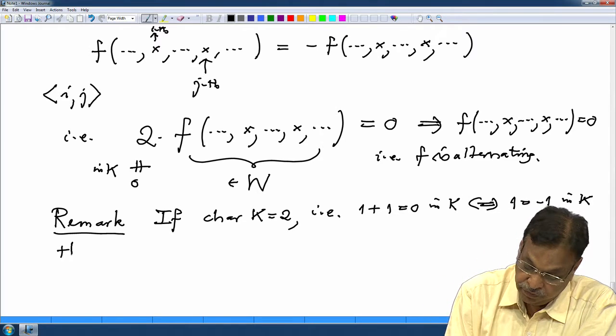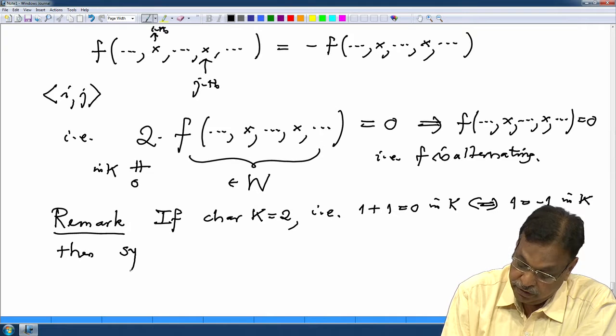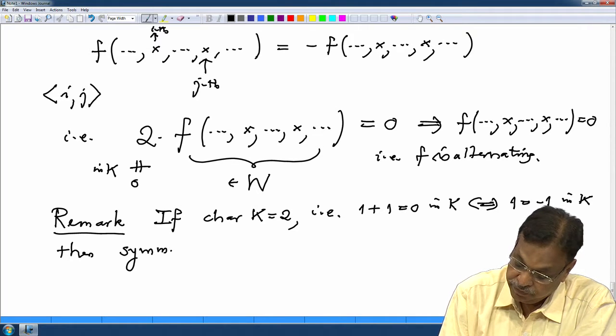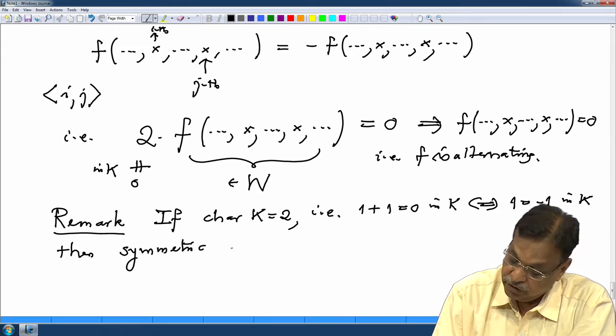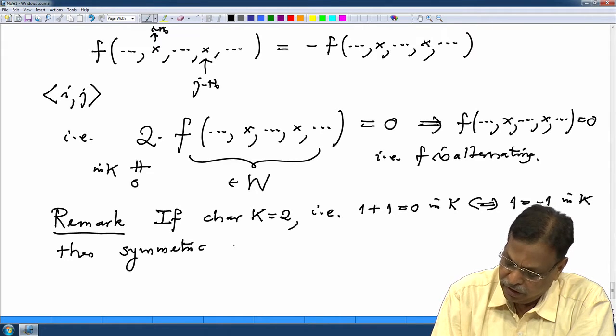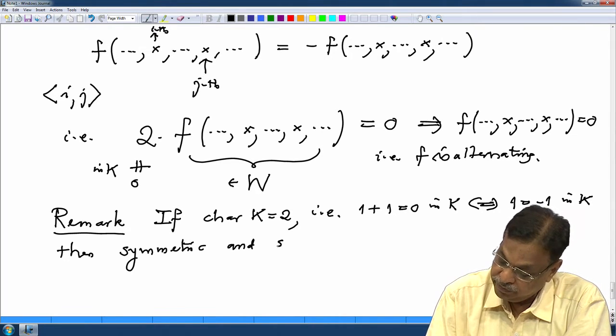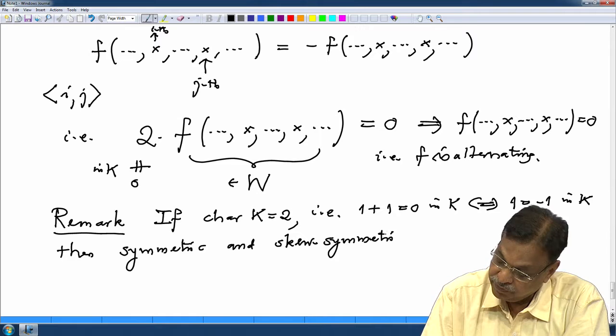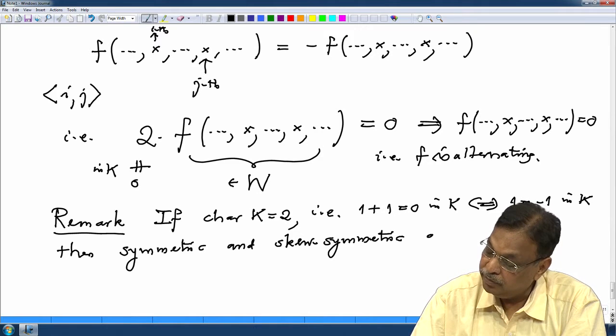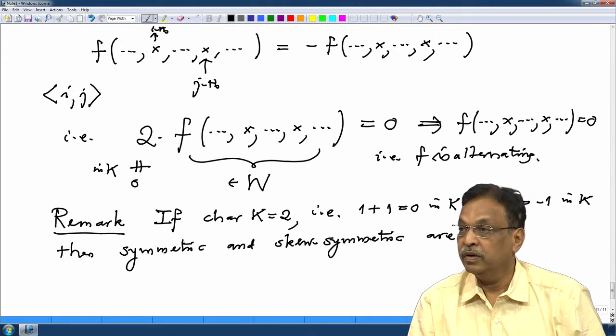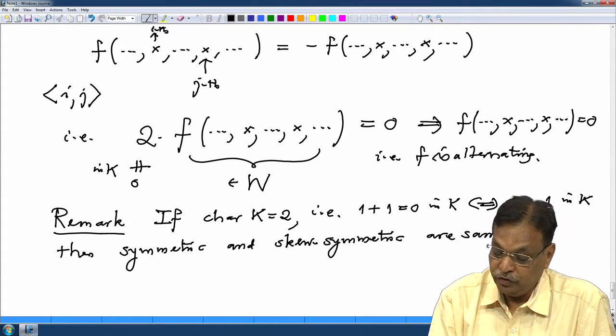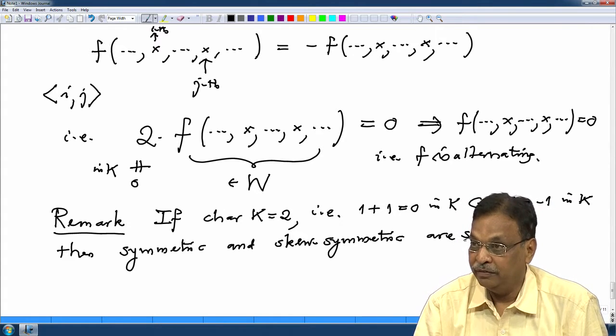Then symmetric and skew symmetric are the same concepts, but alternating is different, and there is no reason for symmetric to be alternating.